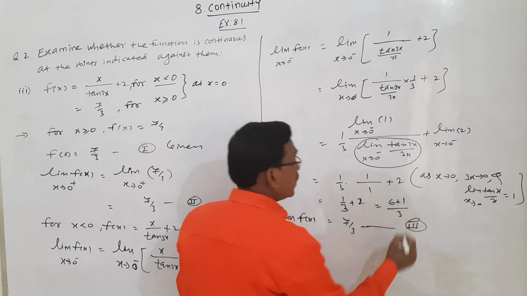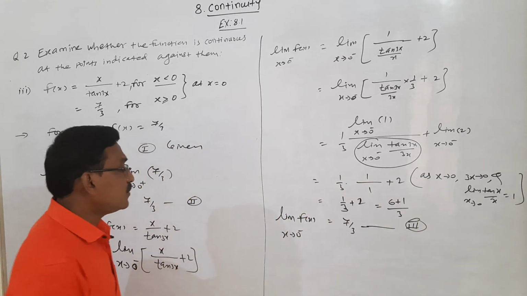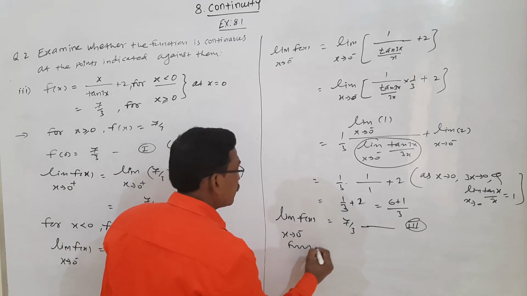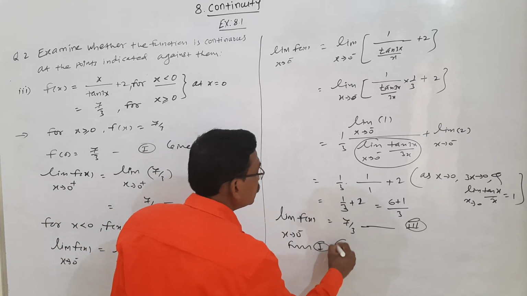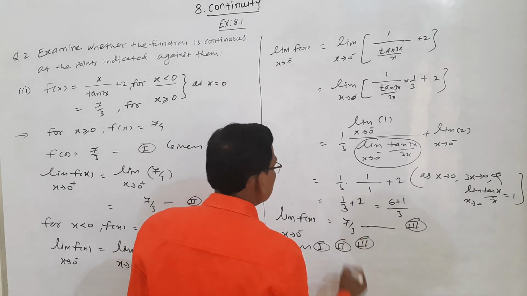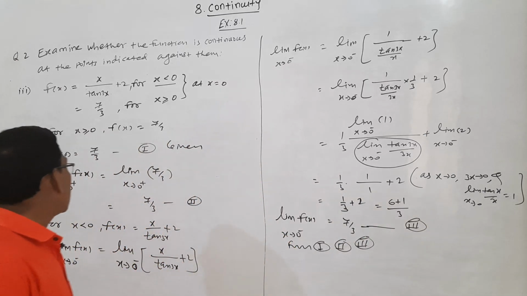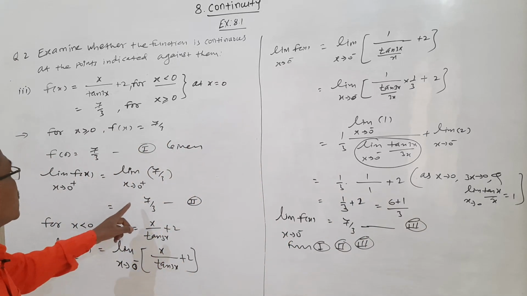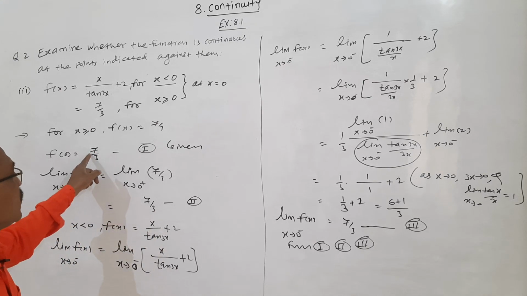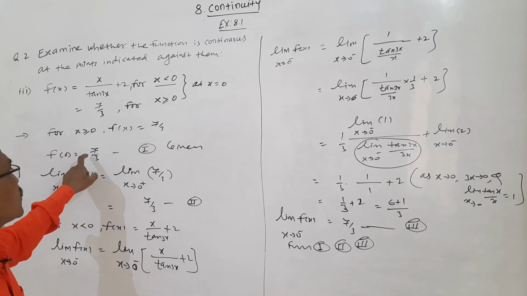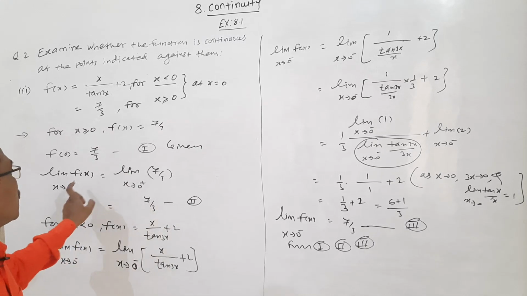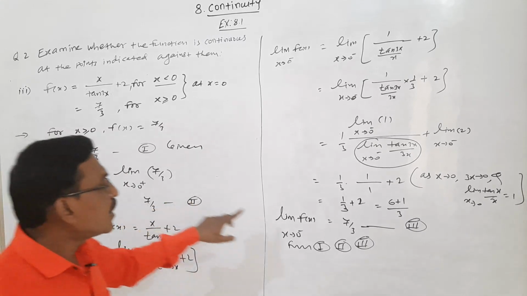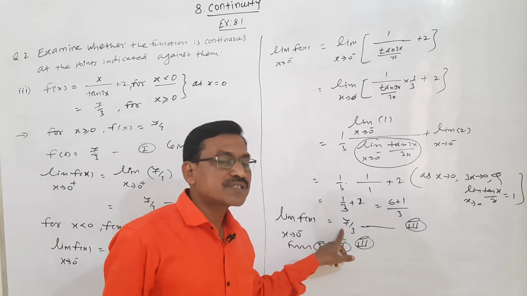So from equations 1, 2 and 3, each and every one gives 7 by 3. The function value at that point is 7 by 3, the right hand side limit is 7 by 3, and the left hand side limit also is 7 by 3.